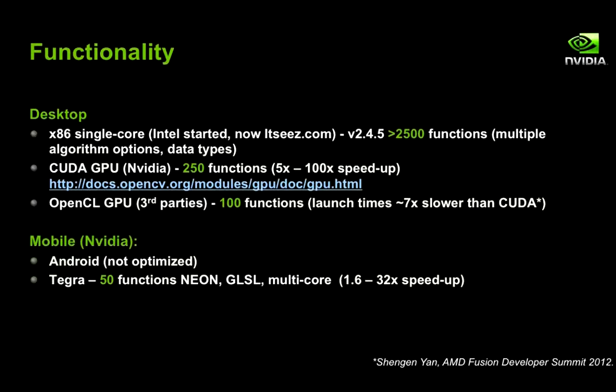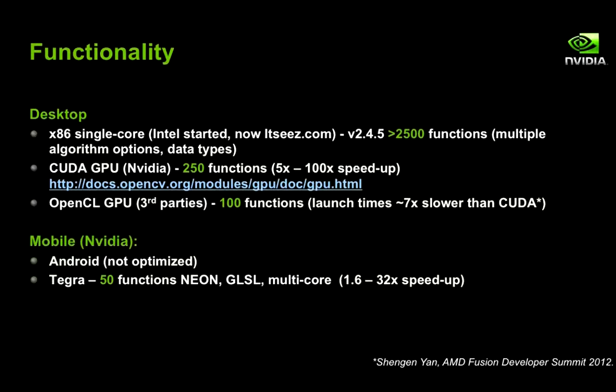Also, about 3 years ago in 2010, there was a port of OpenCV to the Android operating system to run on ARM. OpenCV for Android is not optimized.